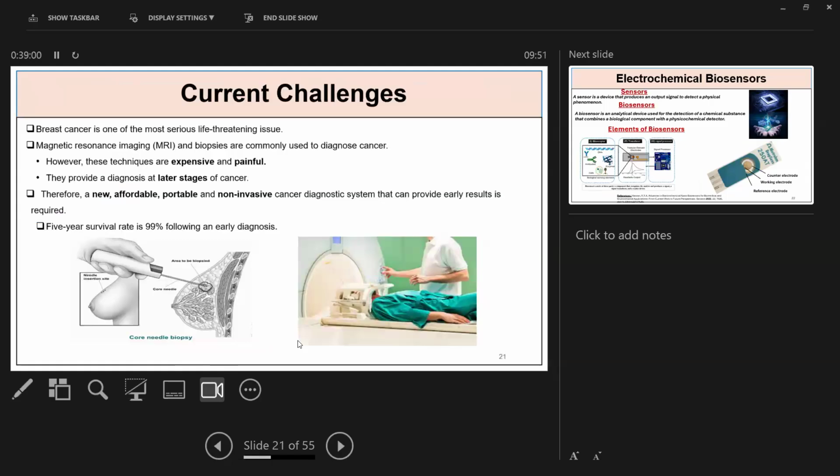To detect breast cancer, currently they are using MRI and biopsy. As I mentioned before, these techniques are expensive and more painful, and it is usually diagnosed at the later stage of the cancer. We are trying to develop an affordable, portable, non-invasive cancer diagnostic system.